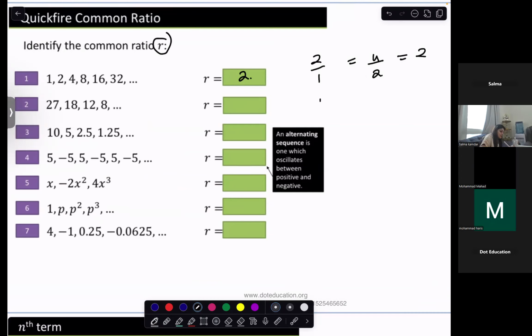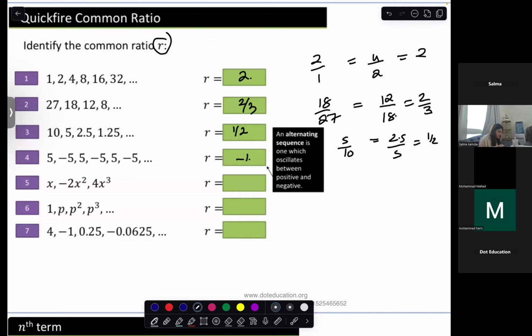Come on, fast. 2 by 3. Okay. 1 by 2, half. So 5 by 10 is equal to 2.5 by 5, which is half. Okay, minus 1.